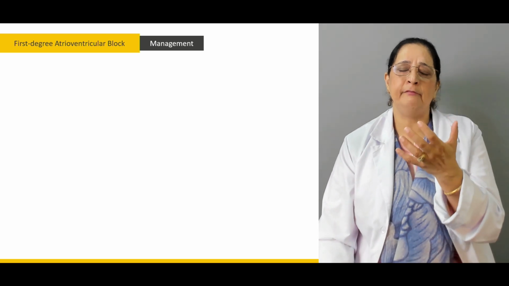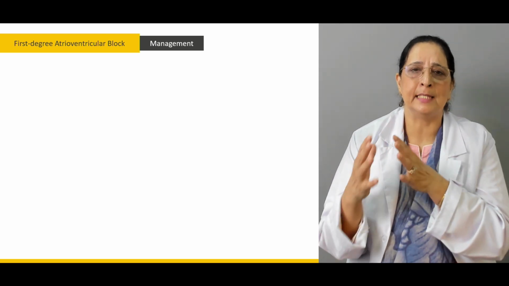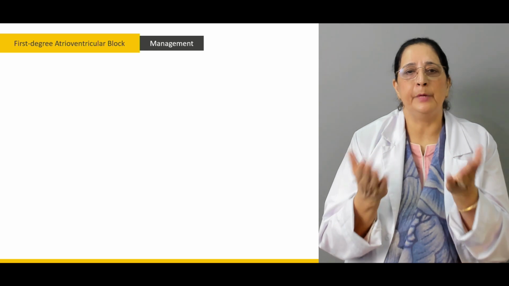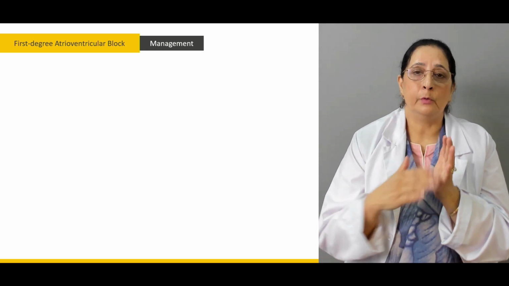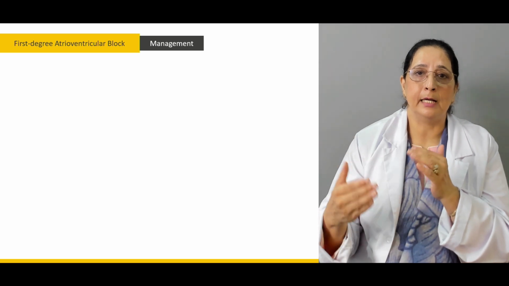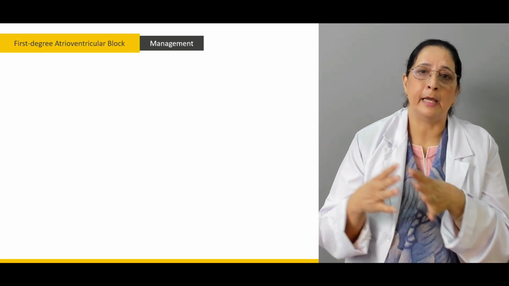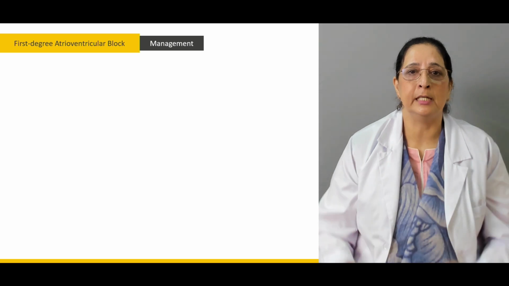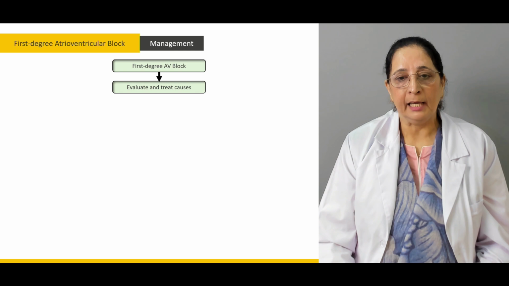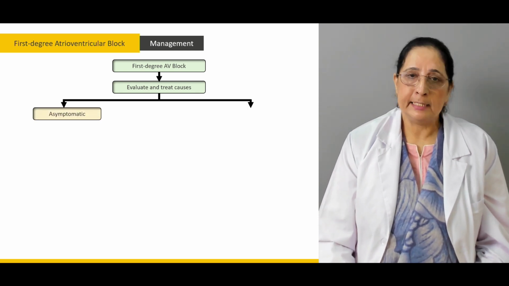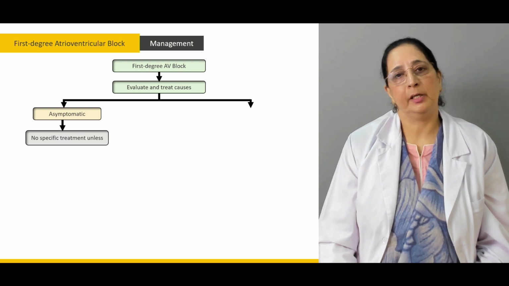The first degree AV node block is not very serious. Sometimes if the patient is asymptomatic, they don't need treatment. But as it progresses and becomes second degree, then further management is done. So first degree atrioventricular block: evaluate and treat the causes. Asymptomatic, no treatment needed.